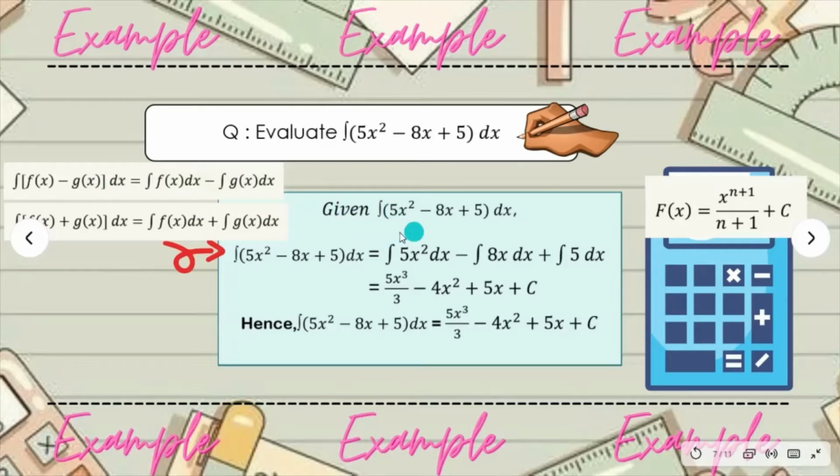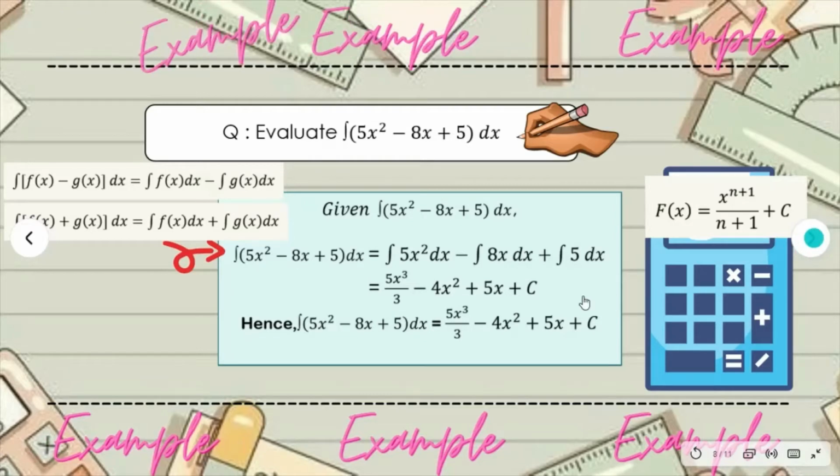We will use the antiderivative formula on each of these separated elements, and we will get 5x to the power of 3 over 3 minus 4x to the power of 2 plus 5x plus C, where C is an arbitrary constant, where we don't know the true value of this constant. Hence, we will have this final answer, and that's it.